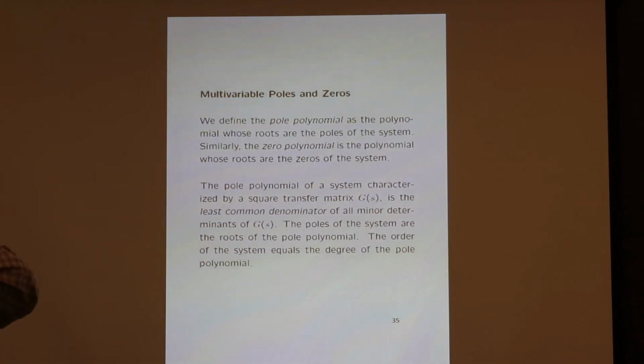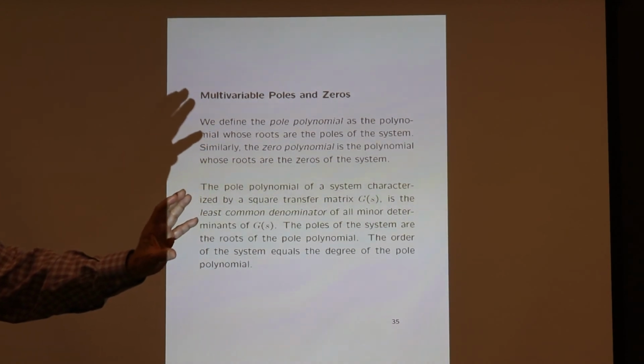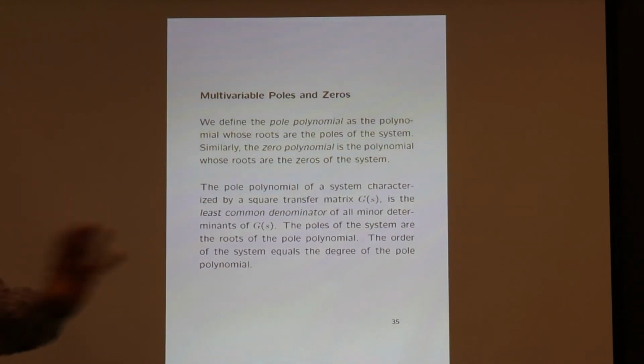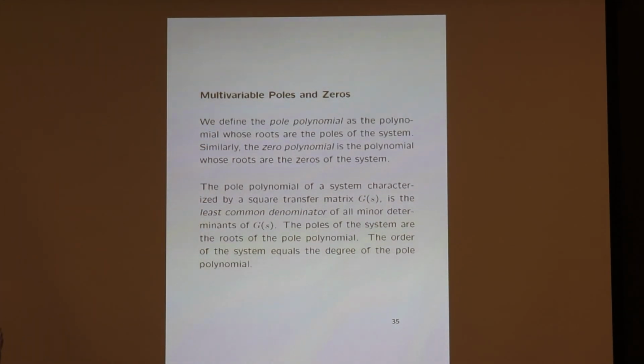In single input, single output, you just look at the denominator and find its roots, and this will give you the poles of the system. But in multivariable, you have to take the rational transfer function matrix representation and take all the minors of the transfer matrix.